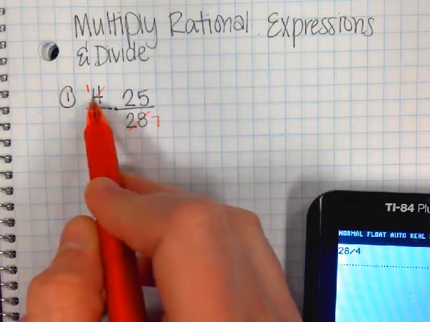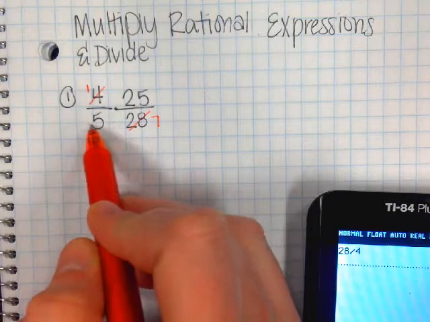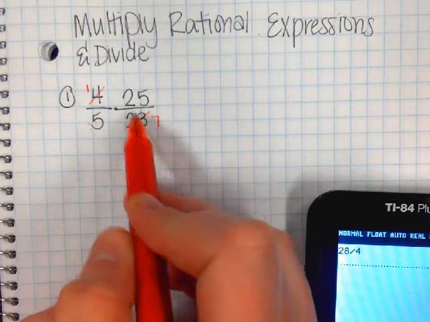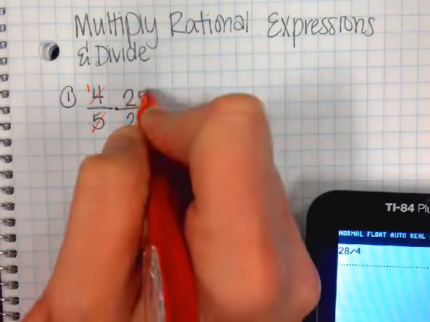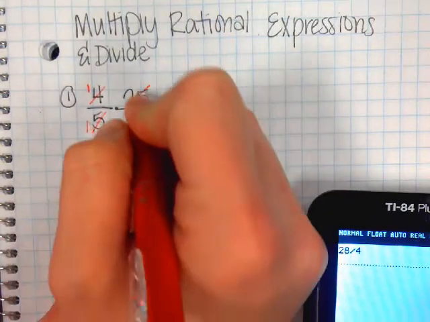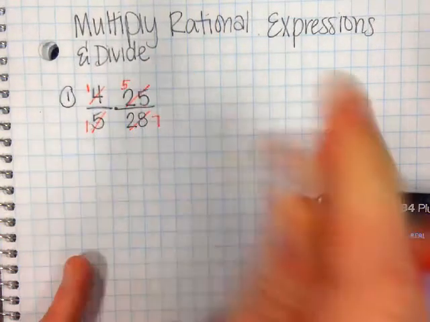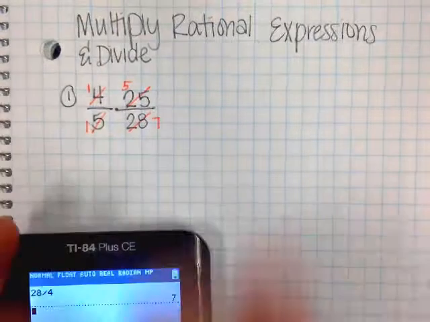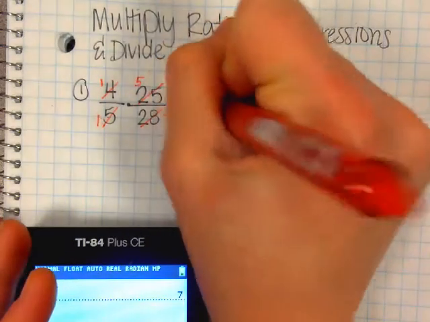So anything on the top can reduce with anything that's multiplying on the bottom. So then 5 goes into 25. 5 goes into 5 once, 5 goes into 25 5 times. So then it would be 5 over 7.